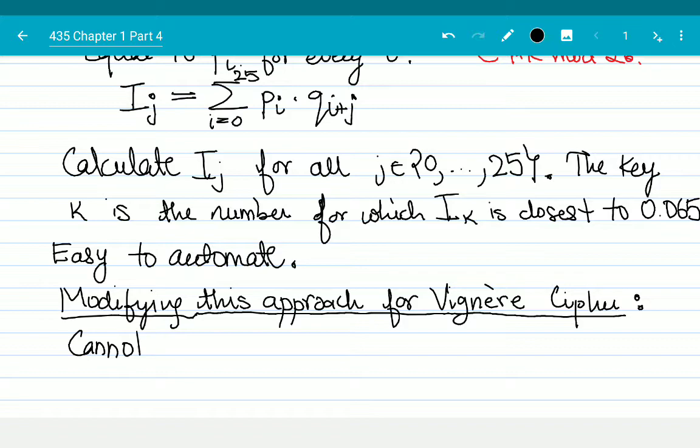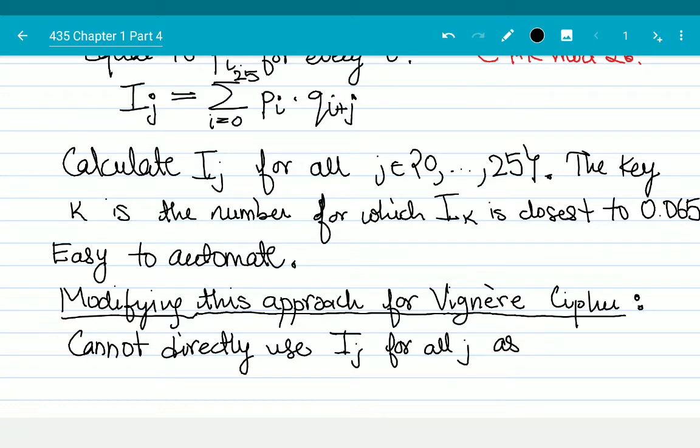We cannot directly use Ij for all j, as the key might be of length more than one.